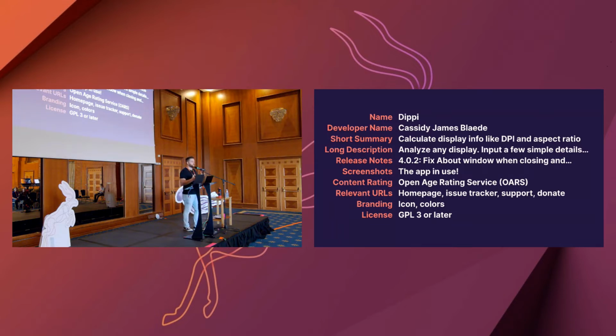Or it can do things like say this app might have violence. So if somebody has PTSD and is triggered by violence, they can filter the app store to avoid those types of apps. So it's really important to provide that content rating as well.